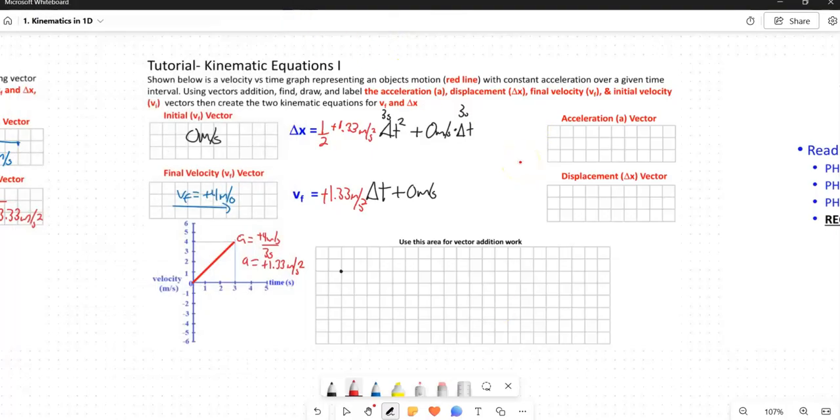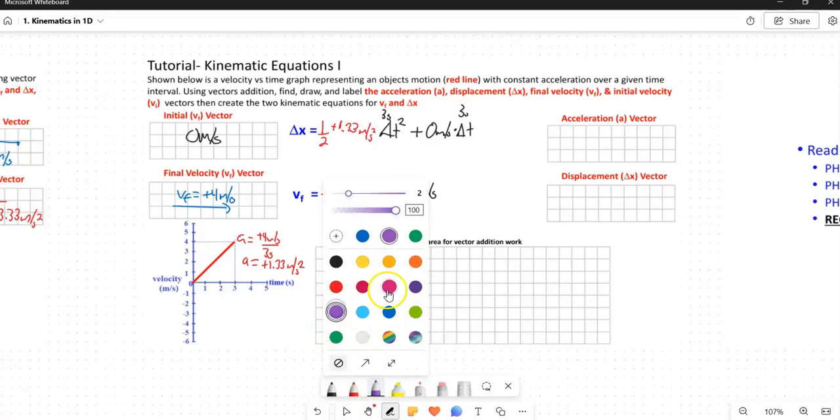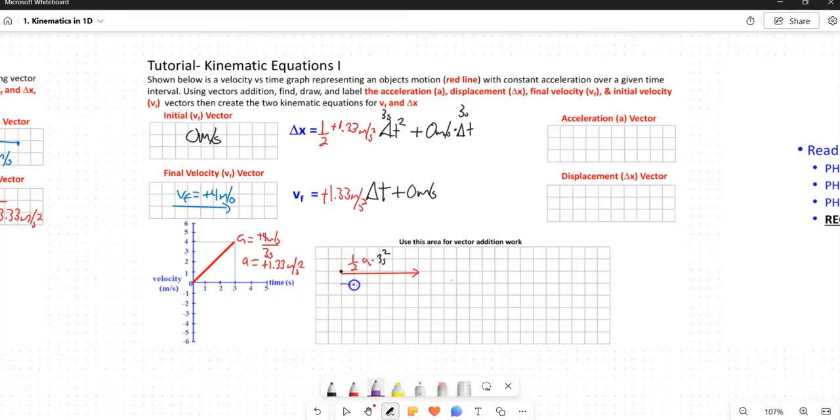So the acceleration delta t vector is going to be 1, 2, 3, 4, 5, 6. That is 1/2 the acceleration times 3 seconds squared. And since you have 0 plus this, that means our displacement vector is just going to be this whole thing.